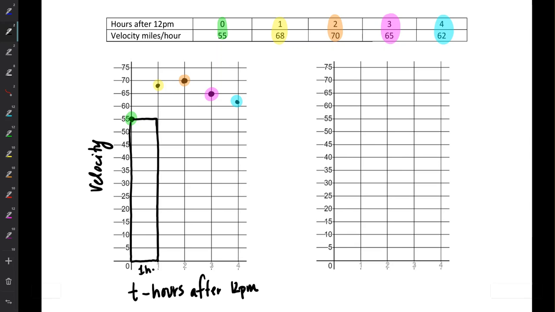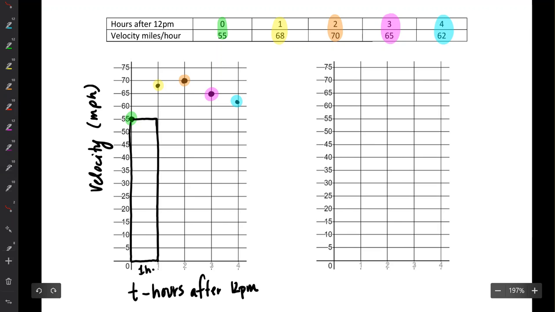Velocity does have a direction to it. It is a vector, but I think I'm going to just talk about speed, as that is comfortable to us. Miles per hour. If I travel for 1 hour at 55 miles an hour, the distance traveled is also this area under the velocity curve, right? 1 hour times 55 miles per hour gives me the 55 miles that I've traveled, is that area.